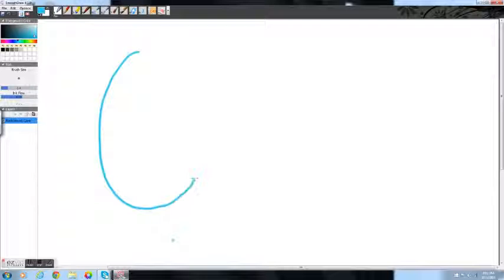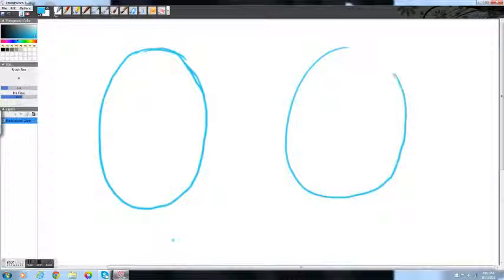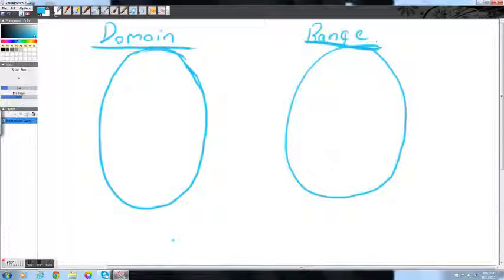Another way we must look at it: the domain of a function is the set of inputs that produce permissible outputs.